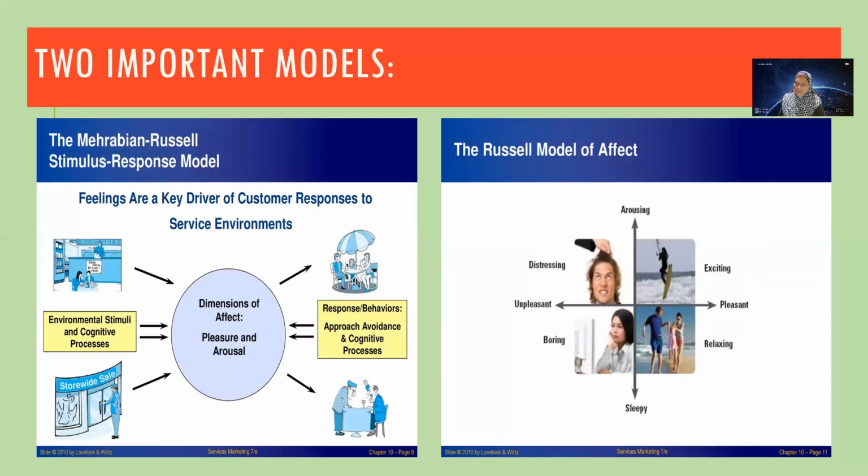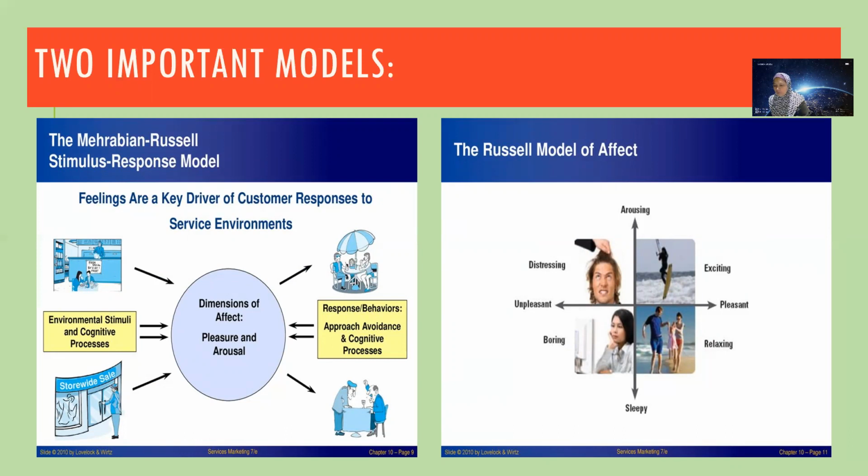This chapter also introduced to us two important models. Normally models are created based on theory. The first one is the Mehrabian-Russell stimulus response model.